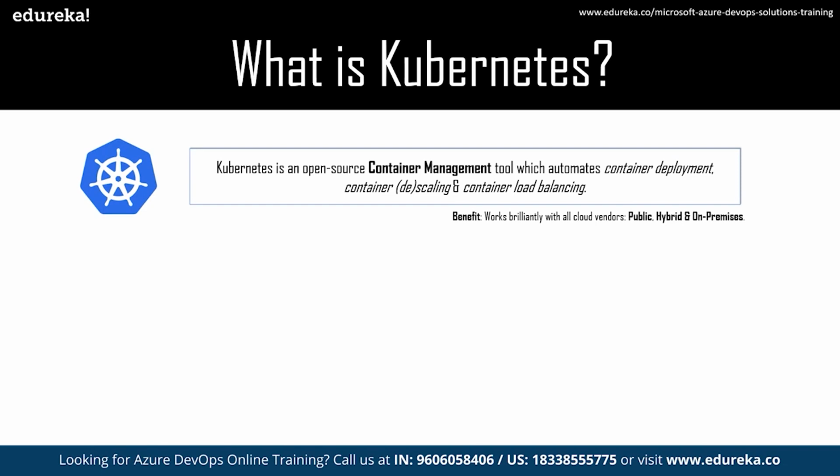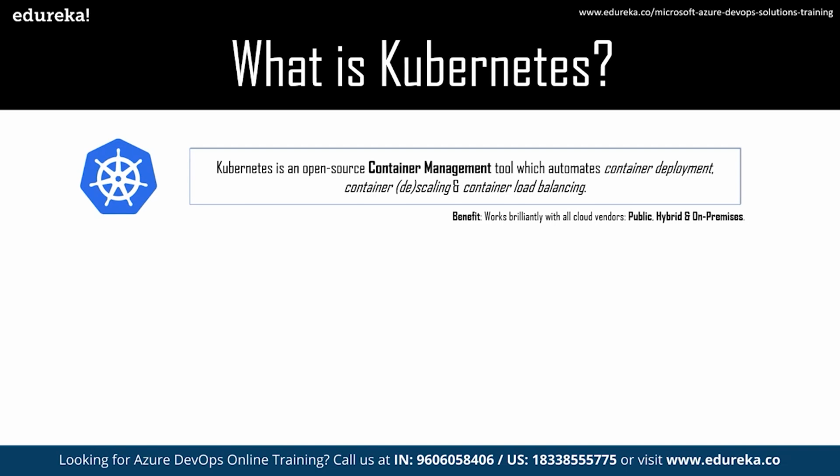So if you talk about Kubernetes, it is an open source container management tool which automates container deployment, container scaling, and container load balancing. So all the activities that we discussed, be it managing multiple servers, ensuring that all the containers are working together, that they are able to communicate with each other, basically all the container management and all the orchestration happens using Kubernetes, and that is what it does.